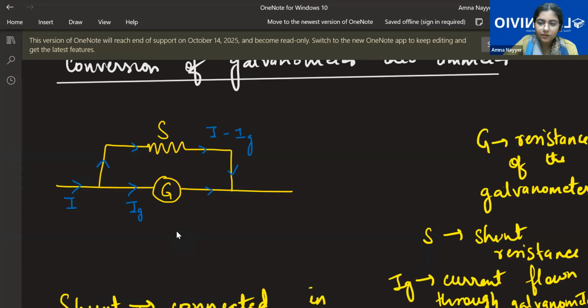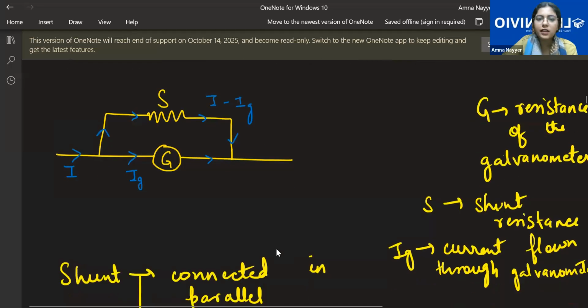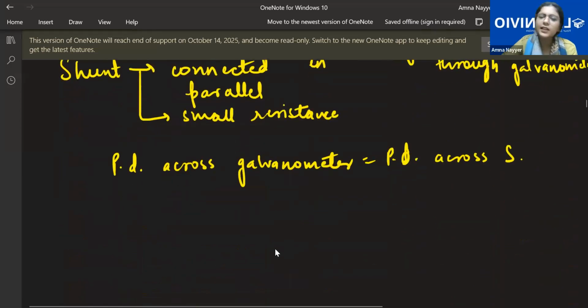That's not how you check. Directly, the potential will be the same because it's a parallel connection.